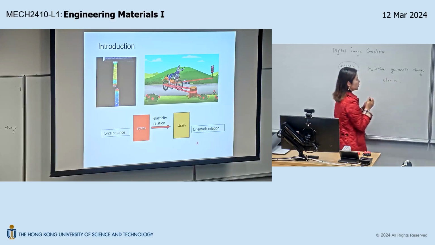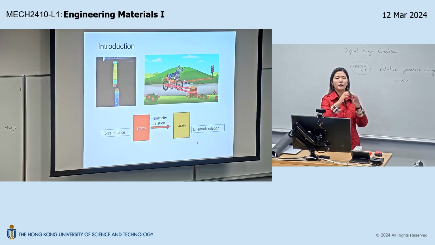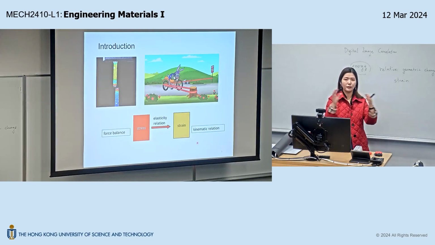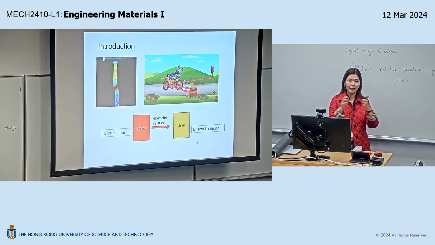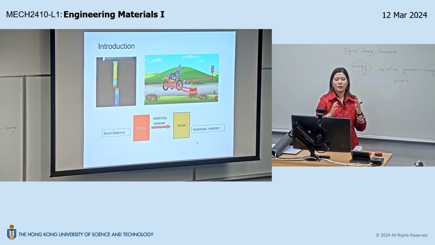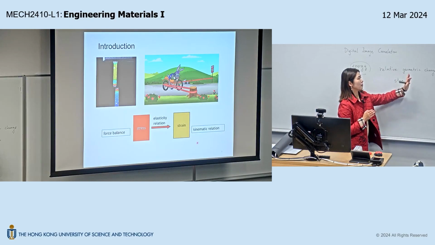If you calculate the relative cross-sectional area change before and after deformation, you get in-plane strain. If you calculate the relative length change of a bar before and after deformation, you get axial strain, right? So strain is nothing but the calculation of relative geometric change.